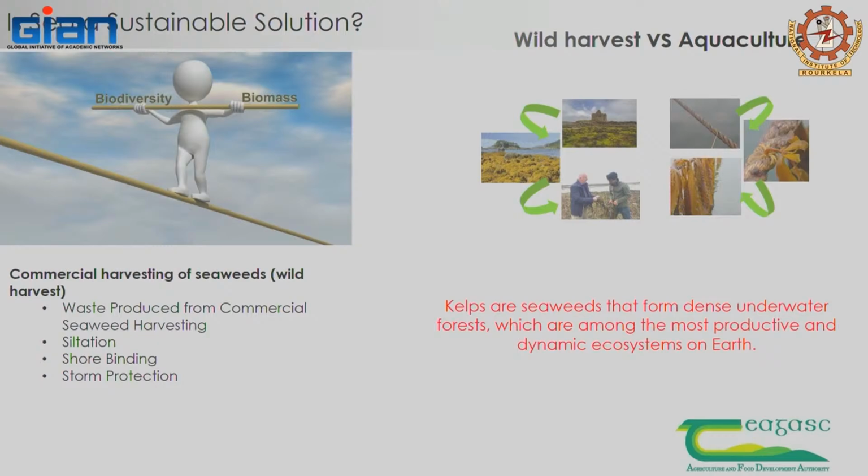Now, the first question is, so far whatever we have been talking about, the blue economy, blue circular economy, and blue bioresources, do you think the sea is a sustainable solution? So far, in almost 9 lectures, you would have seen that oceans are going to solve all the problems.